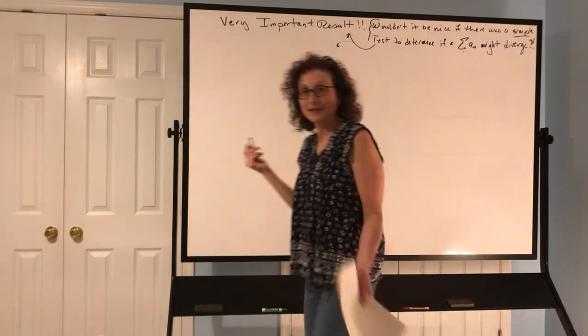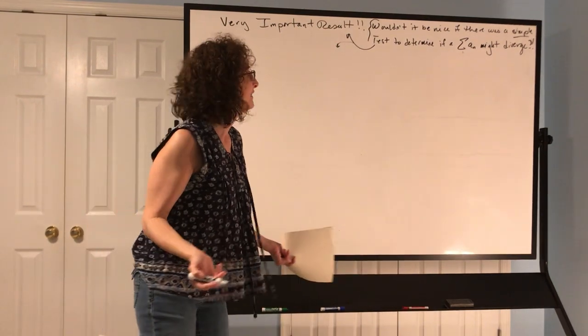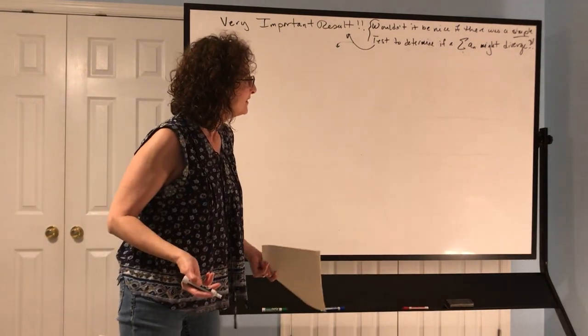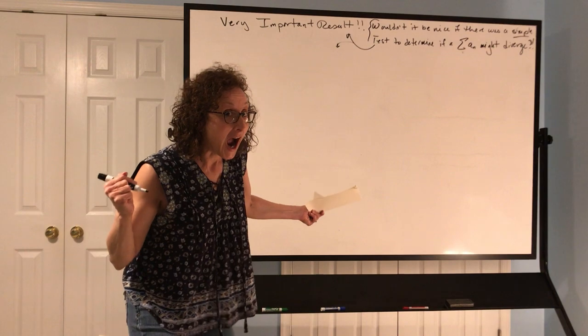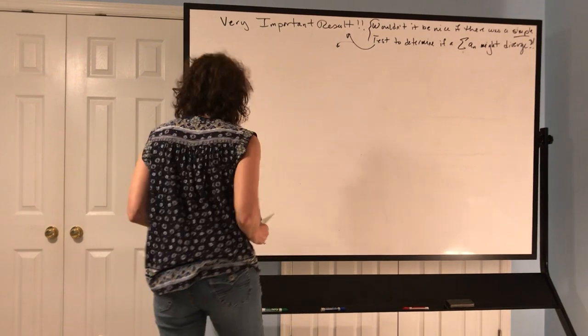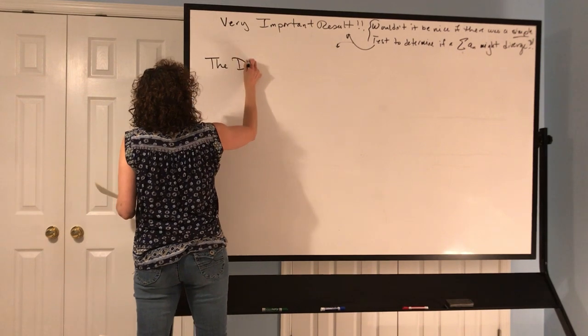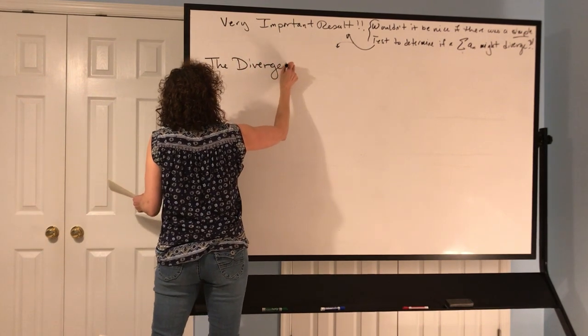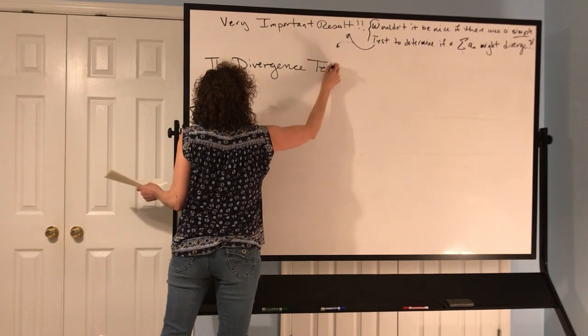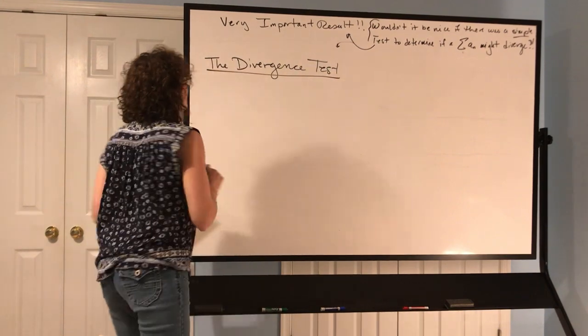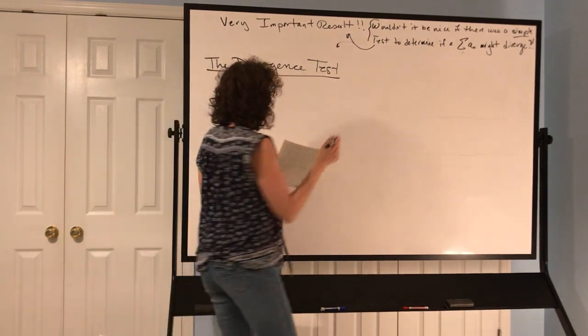Anybody want to guess what the name of this result is called? It's a test for divergence. Good. The divergence test. The divergence test, okay?